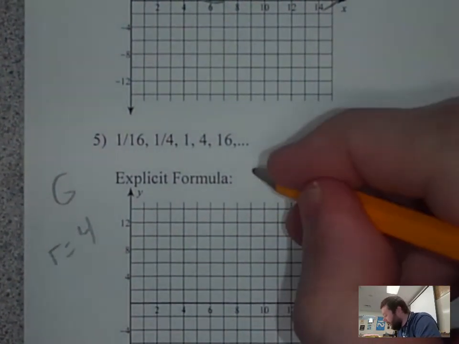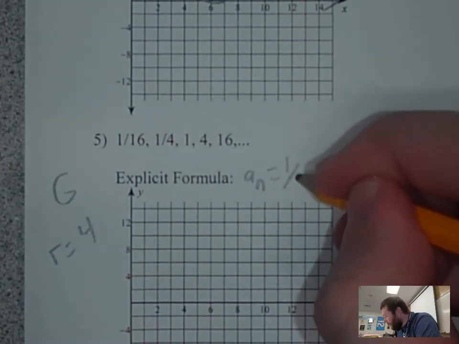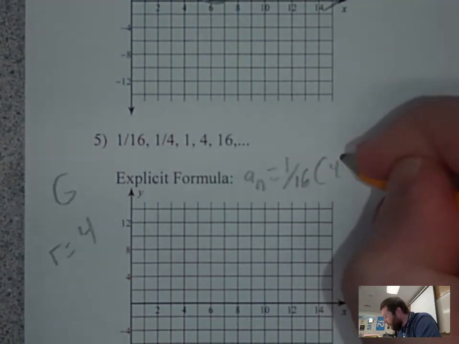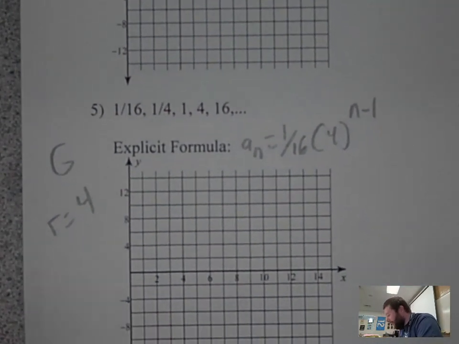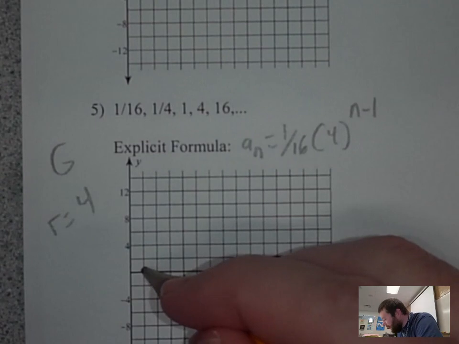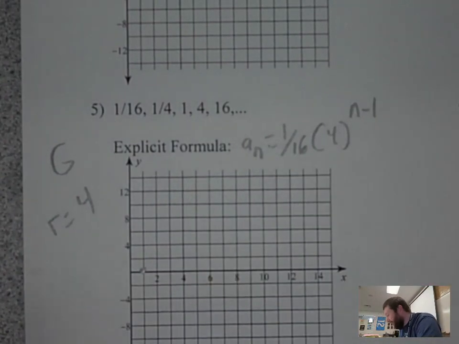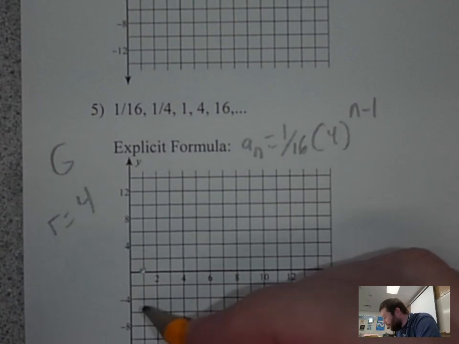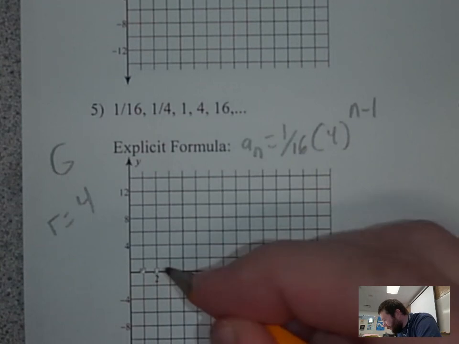Okay, so its formula would be a sub n is equal to the first term, 1 over 16, times 4 to the n minus 1 power. Okay, and then we would graph that. 1 and 1/16 is just basically right at 0, but not at 0, right? And then 2 and 1/4, it's again just basically right at 0.